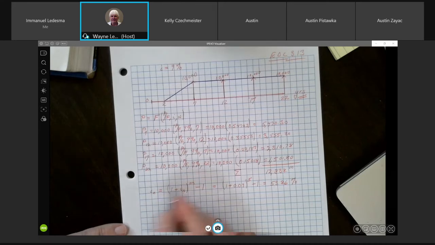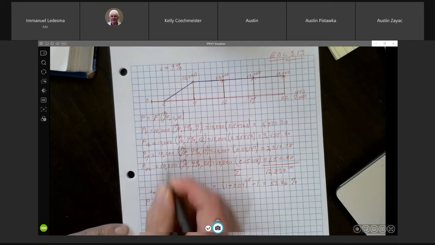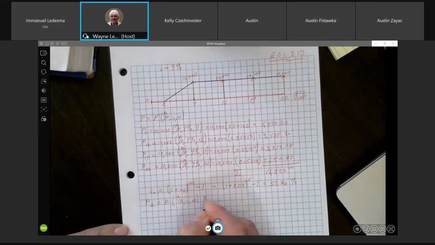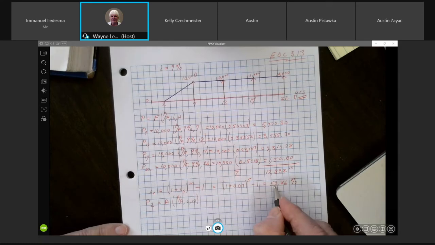So in this case here, I'm going to say that the present value at year 2 is going to be equal to the annuity onto what is the present value if I know the annuity, I and N. However, I know I here is going to be 53.86.